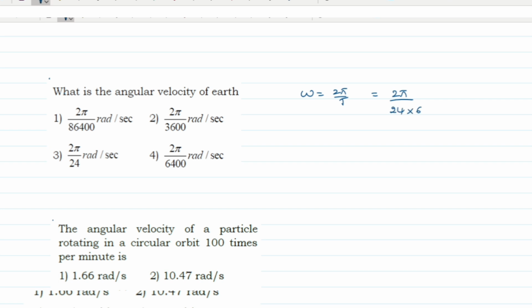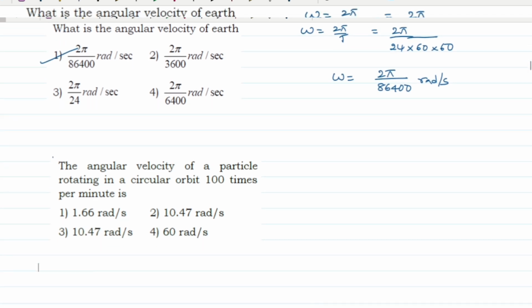So you have to convert into 60 minutes into 60 seconds, which gives omega equals 2 pi by 86,400. This is in radian per second. So this is the correct answer.